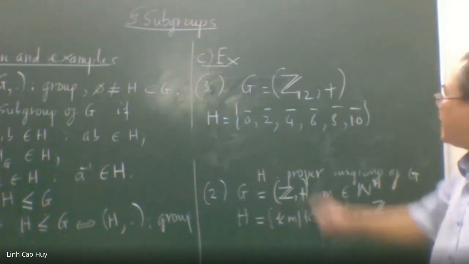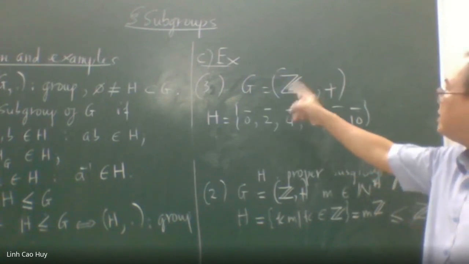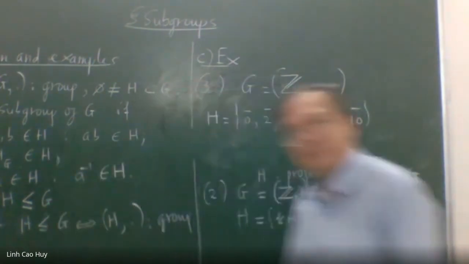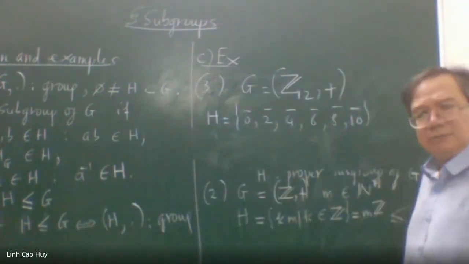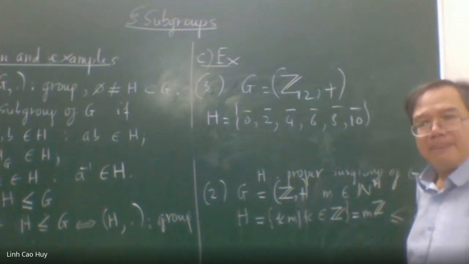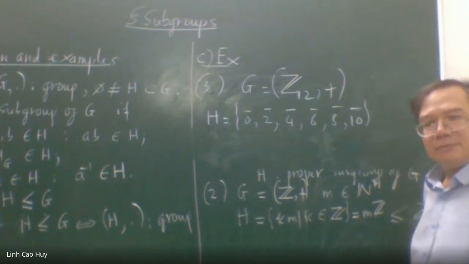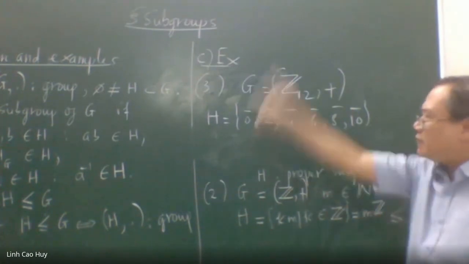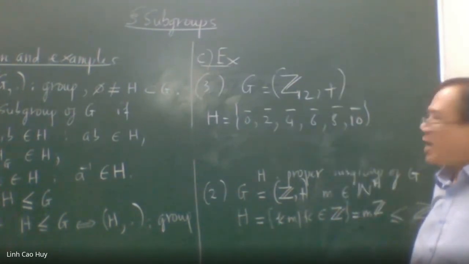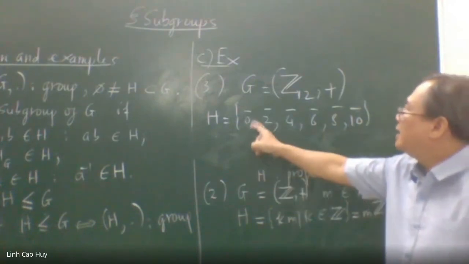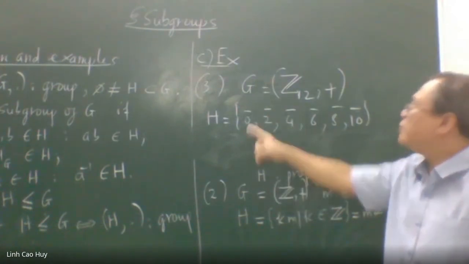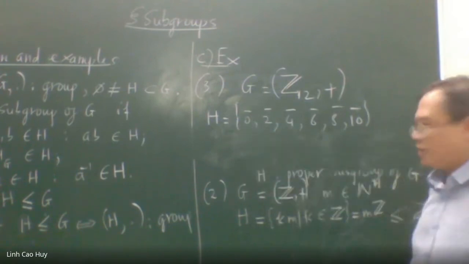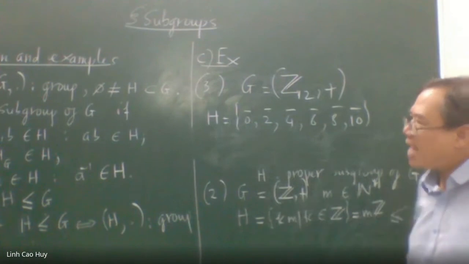In order to check H is a subgroup of Z12 or not, we need to check three conditions. It satisfies the first condition. The second: the identity here, the neutral element, the zero class, belongs to H. That satisfies the second condition.